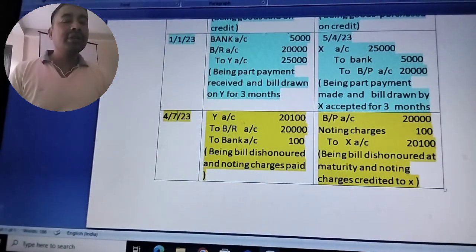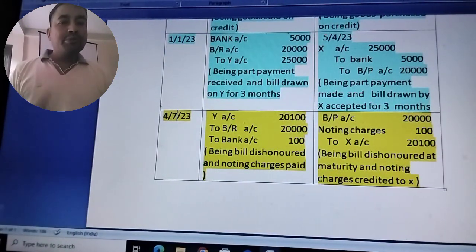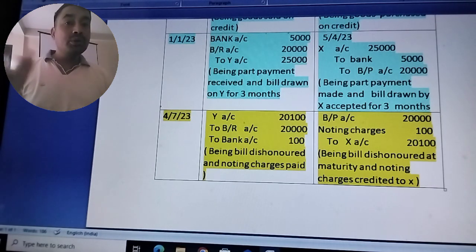And the last entry, you will have to pass the entry for the dishonor. Whenever a bill is dishonored, the drawee will pass the entry as bills payable to drawer. But he has to pass the entry for the noting charges paid by the concerned party. So when the bill is dishonored, he will debit bills payable account. So bills payable account is only 20,000, but he has to credit X by 20,100.